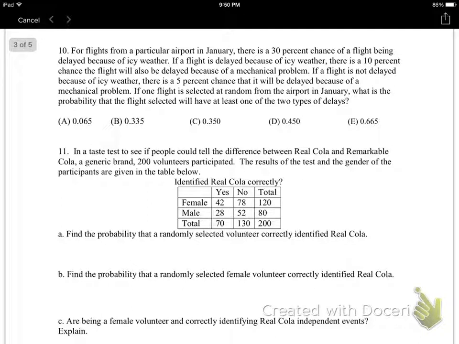All right, so reading this, I'm hoping you're saying to yourself, oh, this is a tree problem. So either we have icy weather or we don't have icy weather. I say it's a 30% chance of a flight being delayed because of icy weather. So if this is 0.3, this is 0.7. If a flight is delayed because of icy weather, there is a 10% chance the delay is because of mechanical problems.